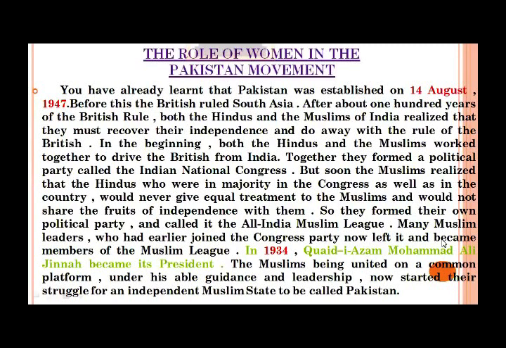Okay, so many leaders who had earlier joined the Congress. Congress was another party which was run by Muslims and Hindus together. But Hindus were in majority in the country. That's why they had more power.